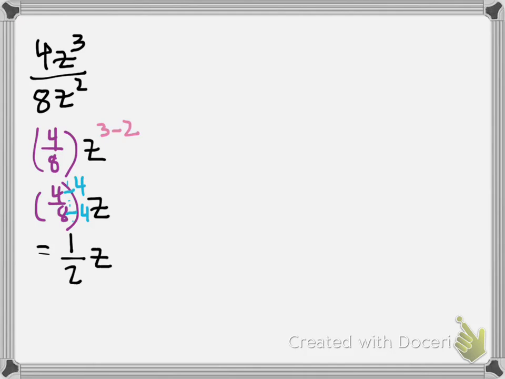Now, the reason why I wanted to put that one up in particular is because I have a lot of students who will tell me 4 divided by 8 is 2, and they'll write their answer as 2z. But that can't possibly be because 4/8 was less than 1, so my coefficient still has to be less than 1. So we need to keep that going. So that's one way to write the answer, or 1 times z is z over 2. So those are the 2 ways to write that answer.